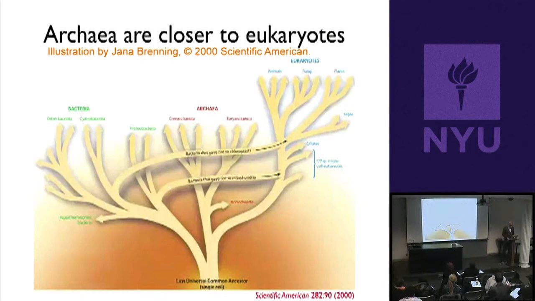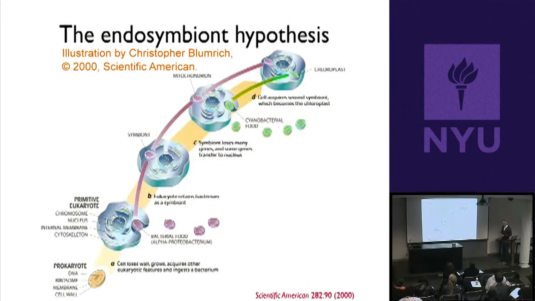And so the endosymbiont hypothesis is the idea that these events happened, that you had a primitive eukaryotic cell which somehow evolved from a prokaryotic cell, a bacterium. And the features of that primitive eukaryotic cell is it had a genuine nucleus with chromosomes inside instead of just DNA floating free. It has these internal membranes where the ribosomes are.